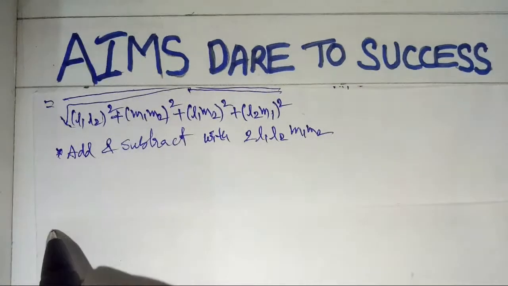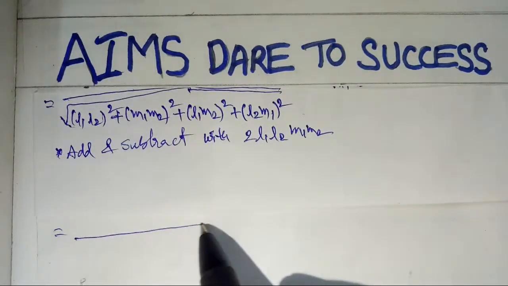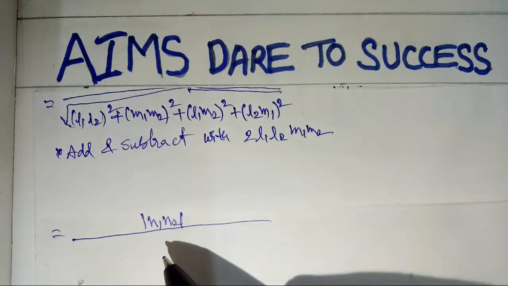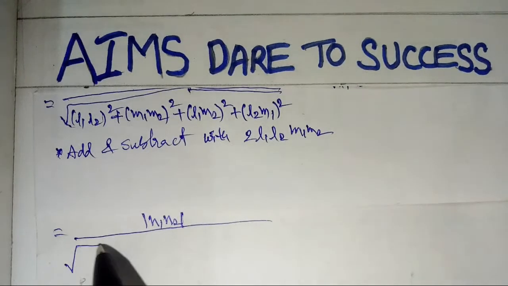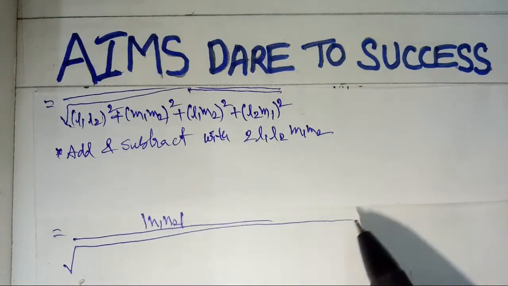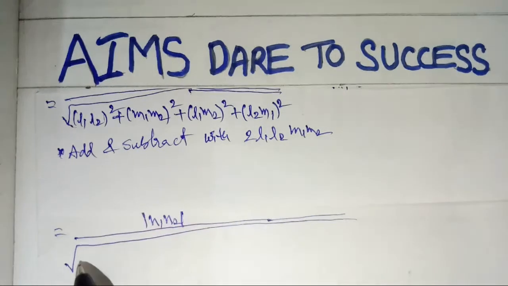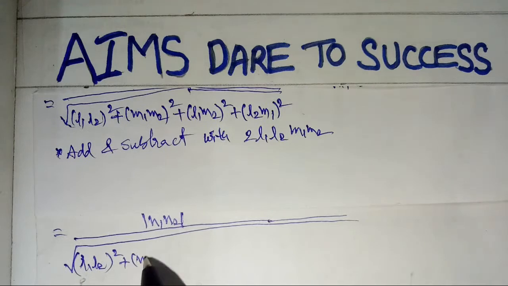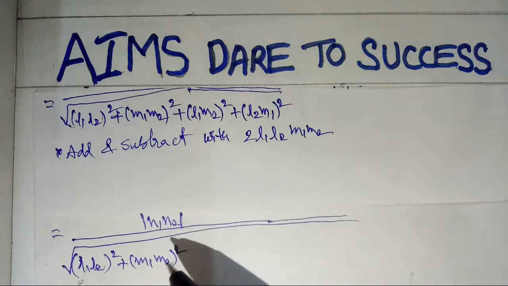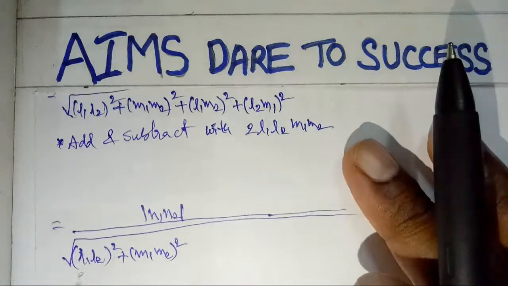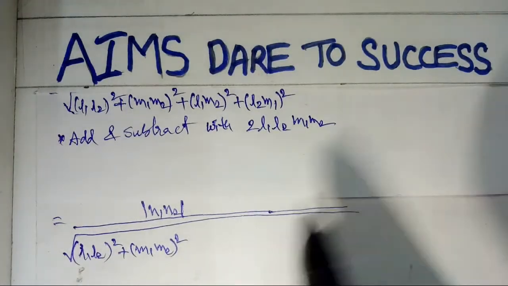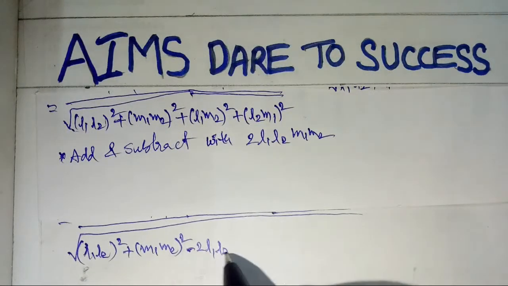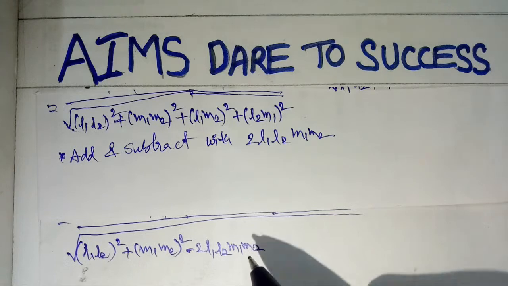First, numerator as it is you can write it. Numerator is mod n1 n2. Numerator don't disturb, divided by root over, as it is, L1 L2 whole square plus M1 M2 whole square. First you can subtract. Okay, first you can subtract, means minus 2 L1 L2 M1 M2.